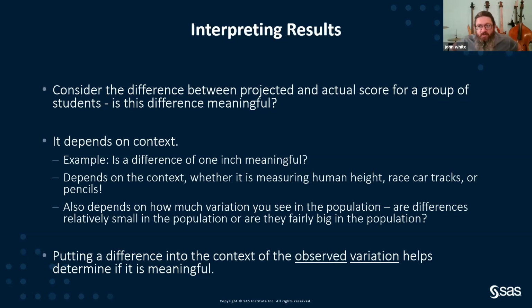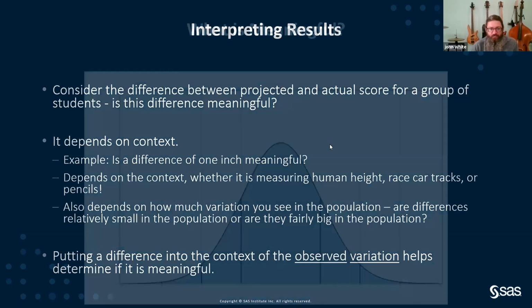So if I said a difference of a foot in terms of height, I think you would go around thinking about all the people that you know and how tall they are or how short they are and say, yes, the difference of a foot in terms of height is a very meaningful difference. So it's a way that we can, again, just kind of judge or classify differences in the context of observed variation and determine whether or not it's meaningful.